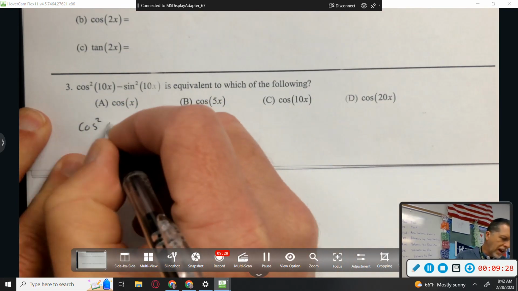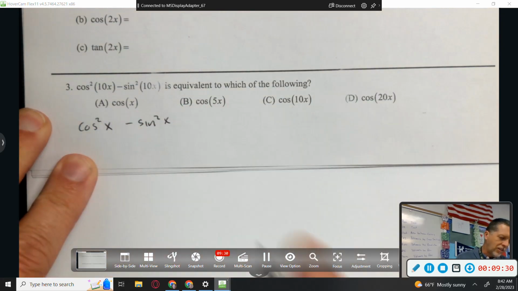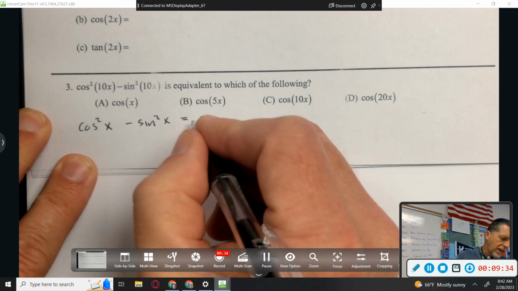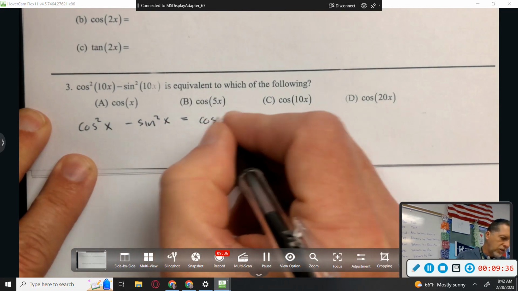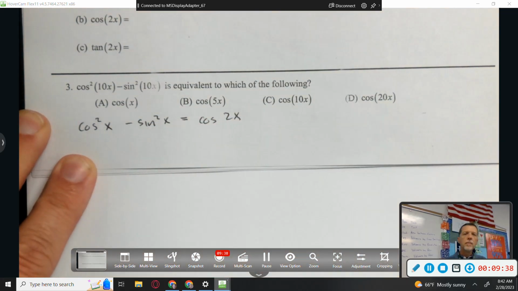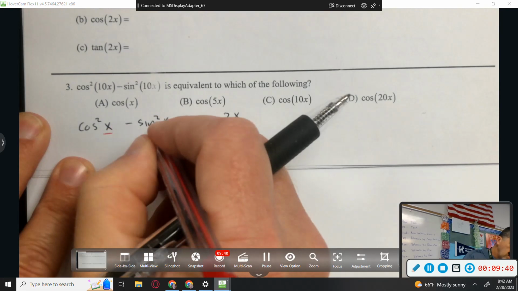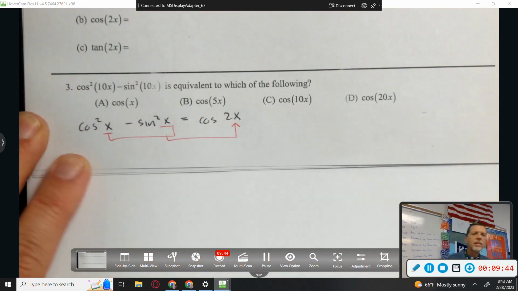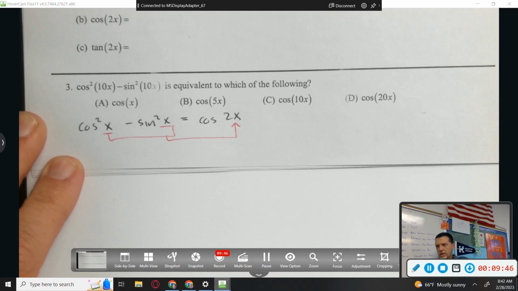If I put the x's in there, so I'm not worried about the 10x yet, cosine squared of x minus sine squared of x is cosine of 2x. So I doubled the argument. So cosine squared minus sine squared is cosine of twice the argument.